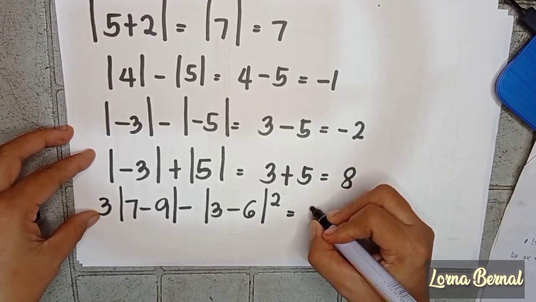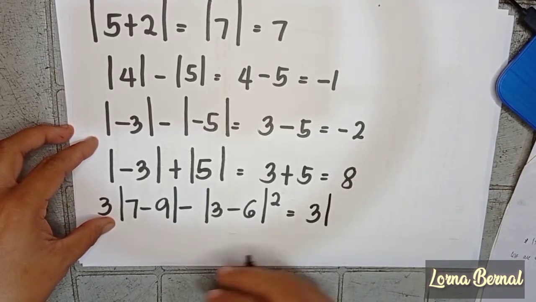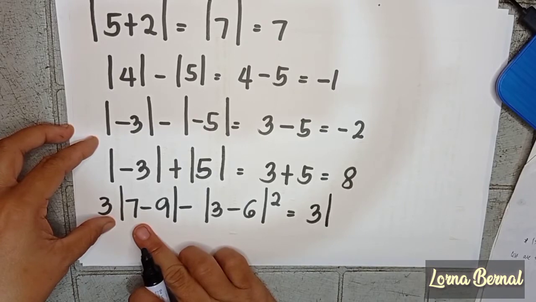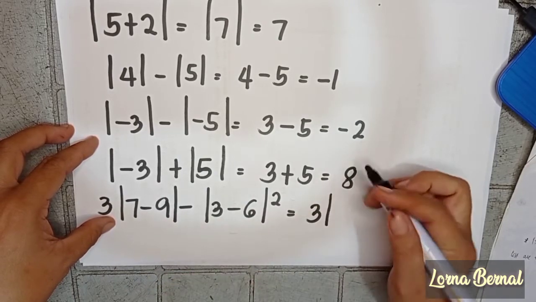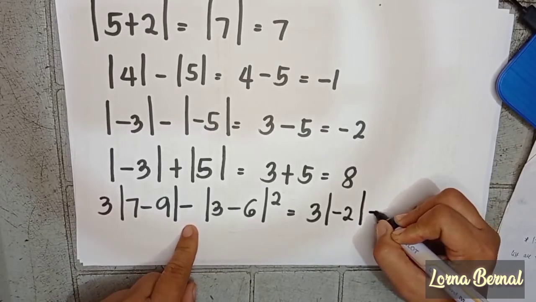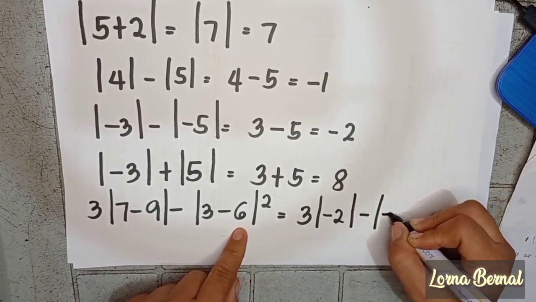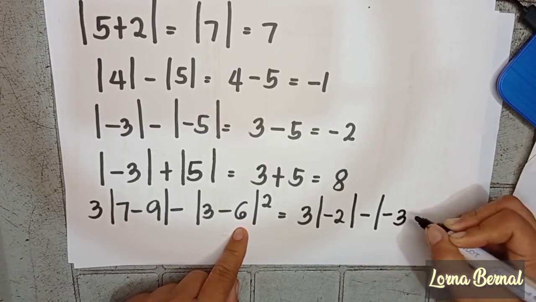So we copy first 3. Then we have 7 minus 9 is negative 2. Then minus, 3 minus 6 is negative 3.